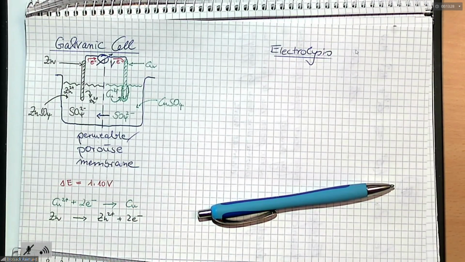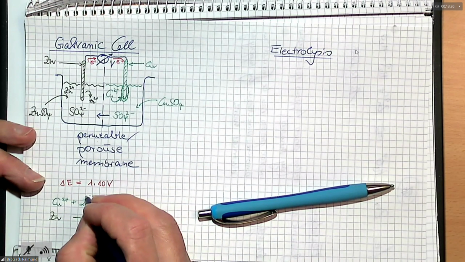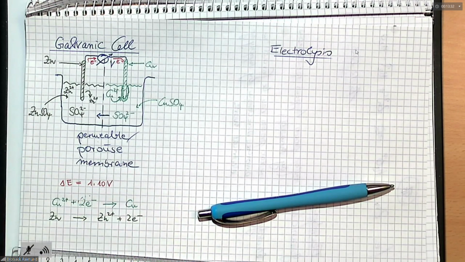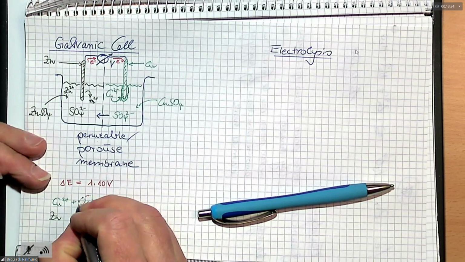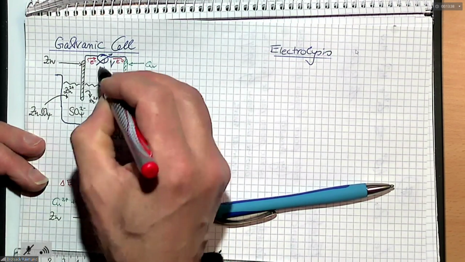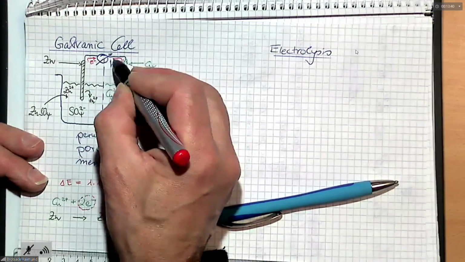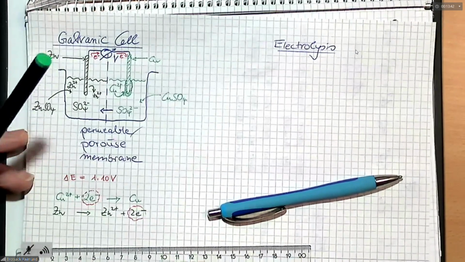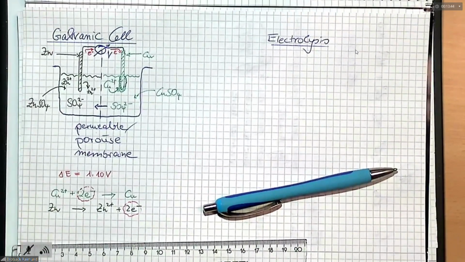And these are the electrons which can move. Those are the electrons which we see moving here, and we can measure the redox potential, the delta of those potentials, and we know it's 1.1 volt.